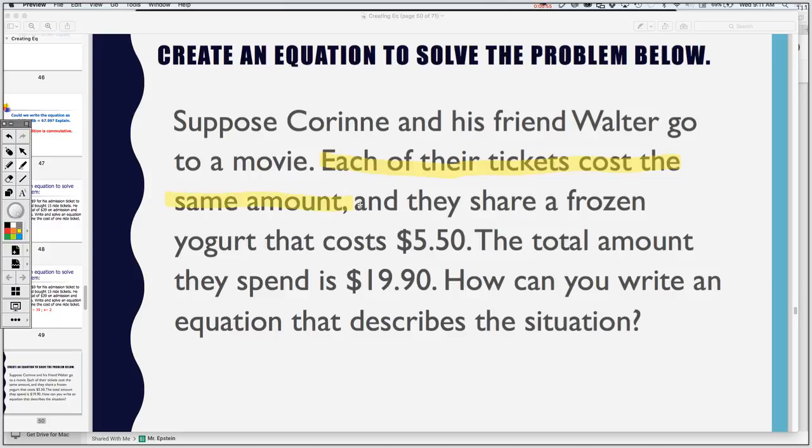And they share a frozen yogurt that costs $5.50. The total amount they spend is $19.90. So here's our second equation. How can you write an equation that describes the situation? Try to make equations based on what was highlighted.